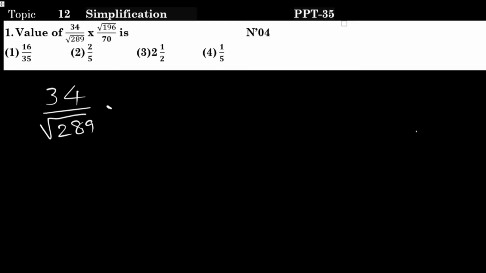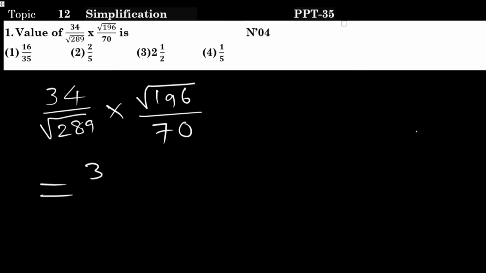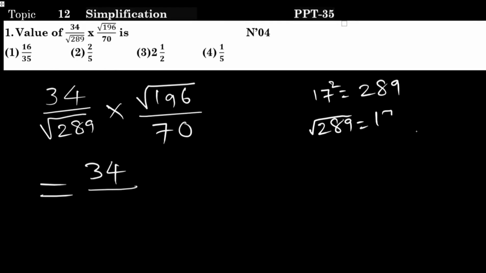You were told previously that 17 squared, 17 17s, are 289. So that's why the square root of 289 is 17.